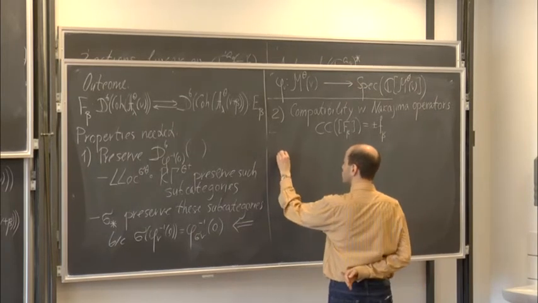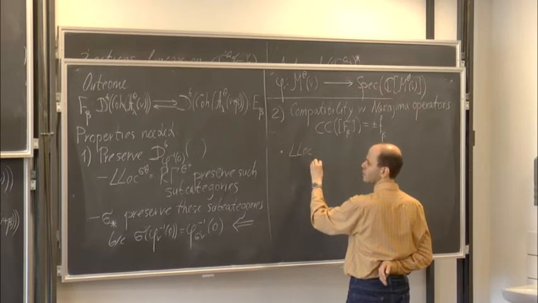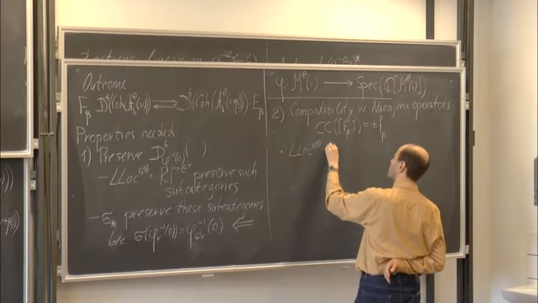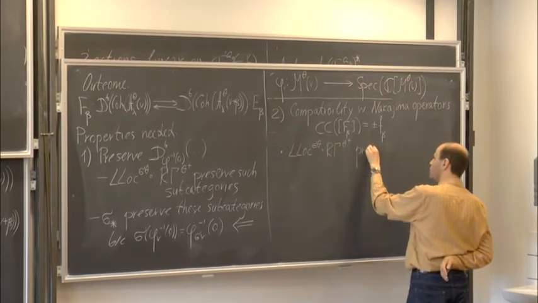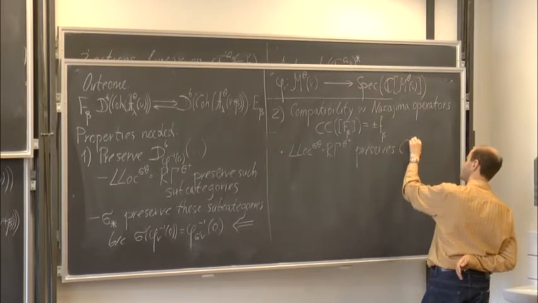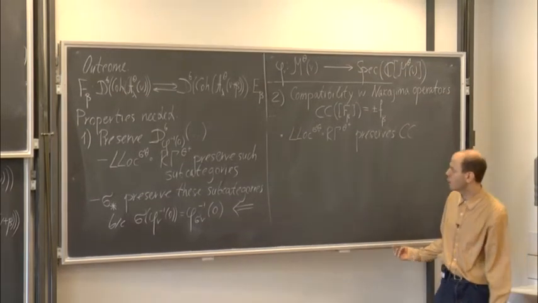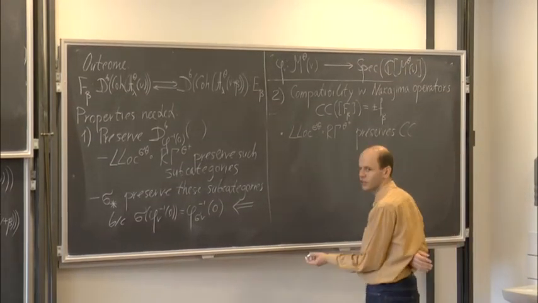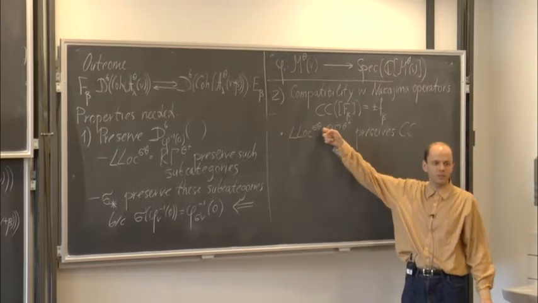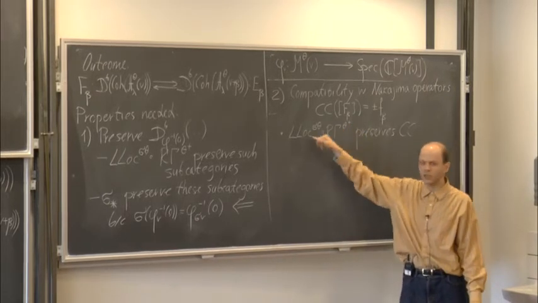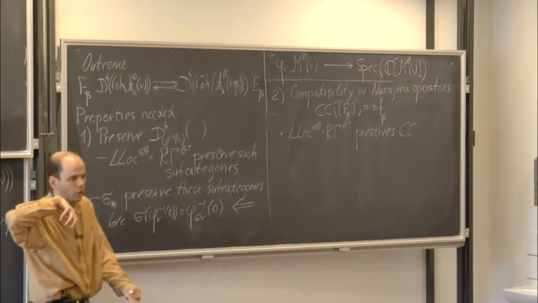So for this you need to establish two claims. The first claim is that this L log sigma theta in composition with R gamma theta plus preserves characteristic cycles. And this was already mentioned. So Hasse, in one of his talks, mentioned that the characteristic cycle map is well defined, meaning that the characteristic cycle map is independent of the stability condition. So this functor changes the stability condition, and the claim is that it doesn't change the characteristic cycle of your complex.